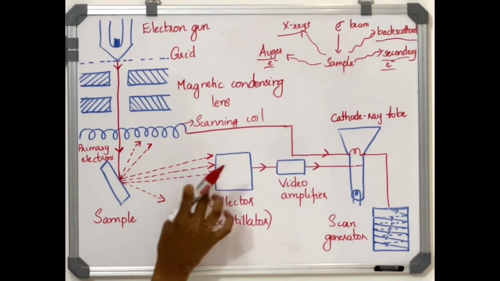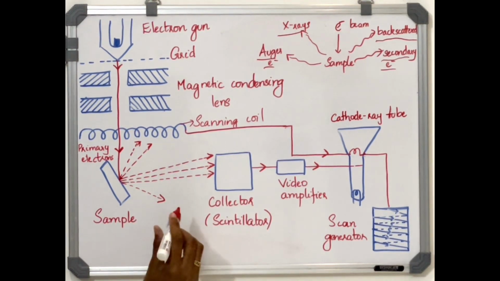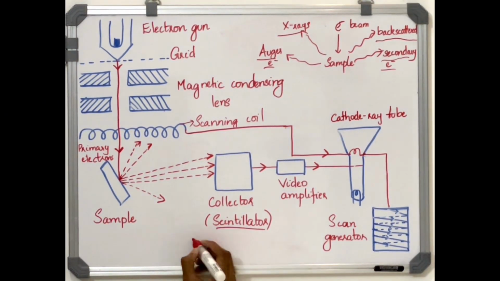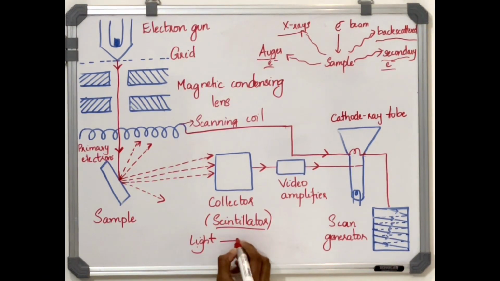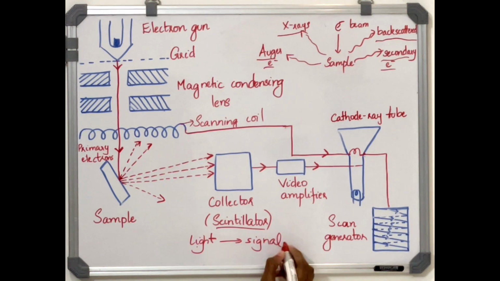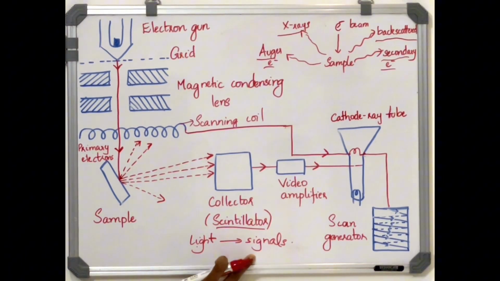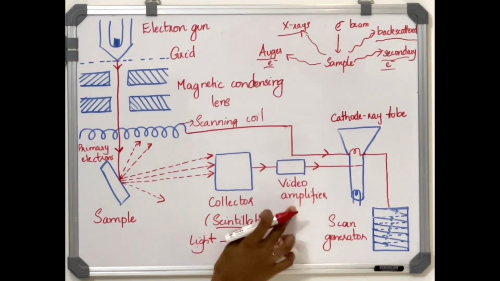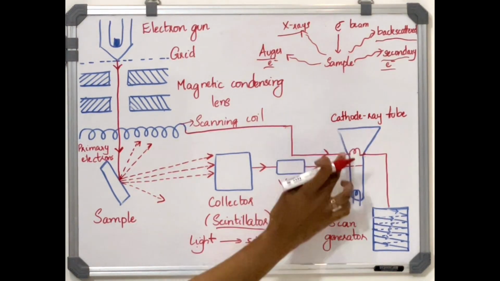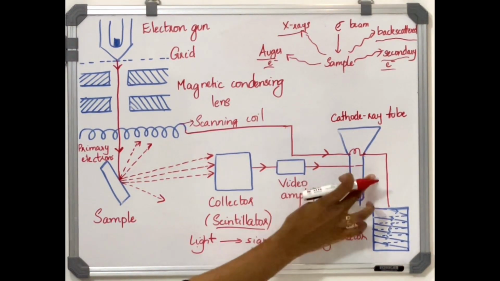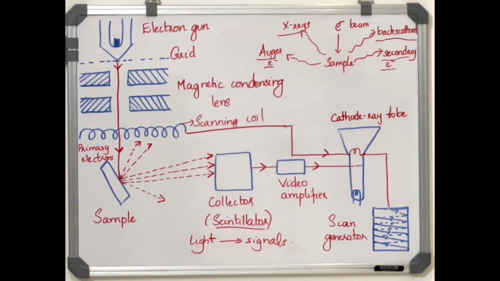The secondary electrons entering the detector strike the scintillator and emit light splashes, and a photomultiplier tube converts these light splashes into electrical signals. These electrical signals are amplified by the video amplifier and then fed to the cathode ray tube, which produces an image that can be viewed and photographed.